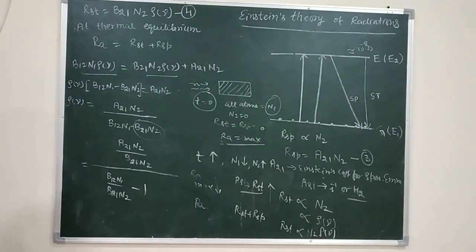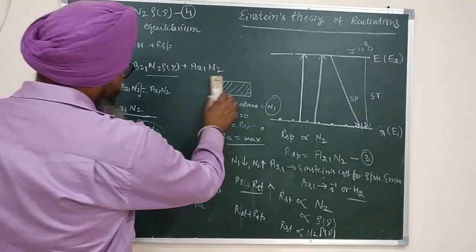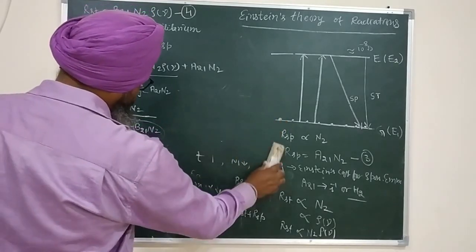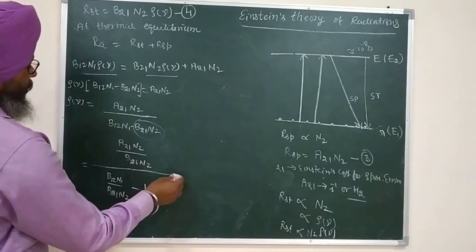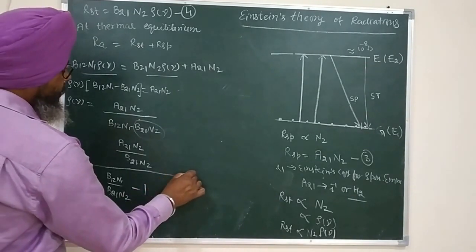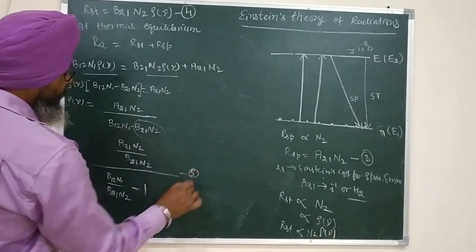So this will be the relation. I would call this equation number 5.